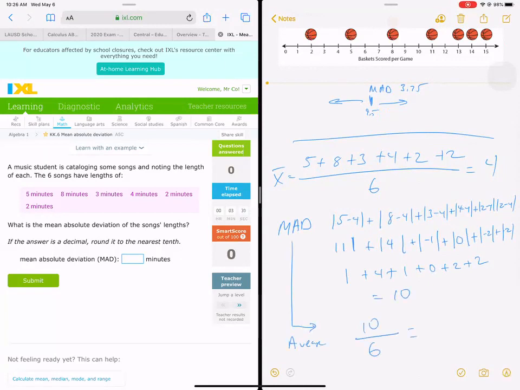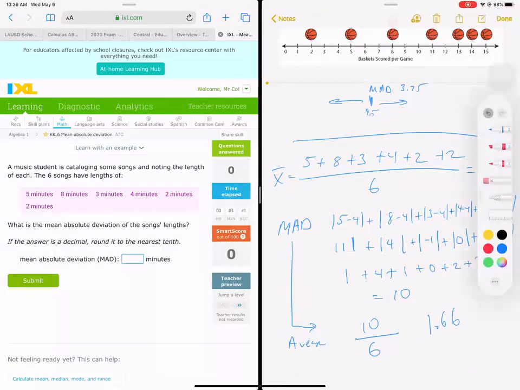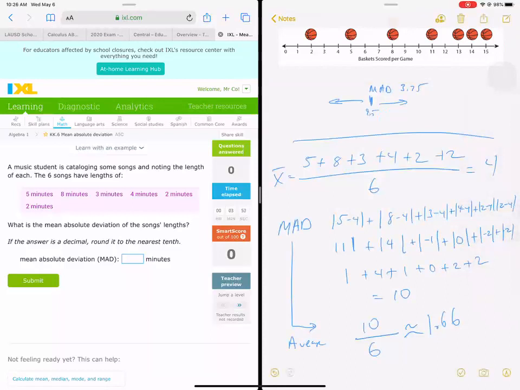And we end up with approximately 1.66. And 1.66 is about, on average, how far all the songs are from our average of 4.